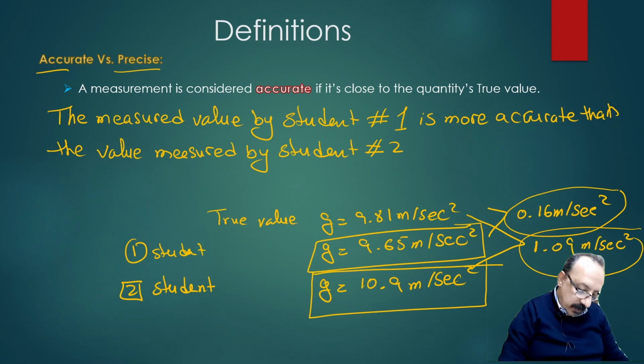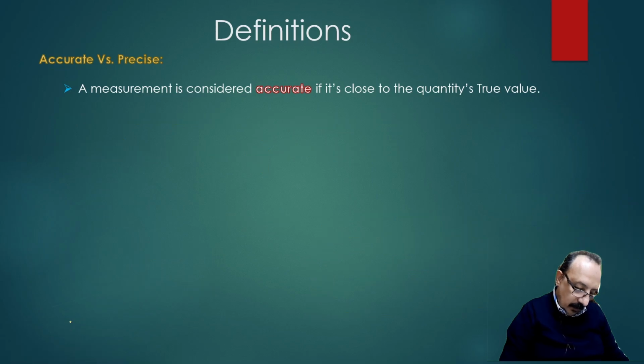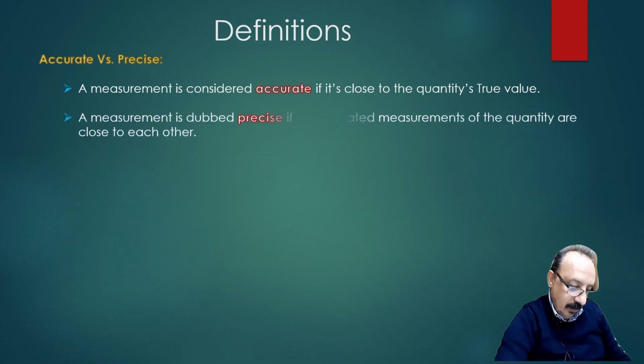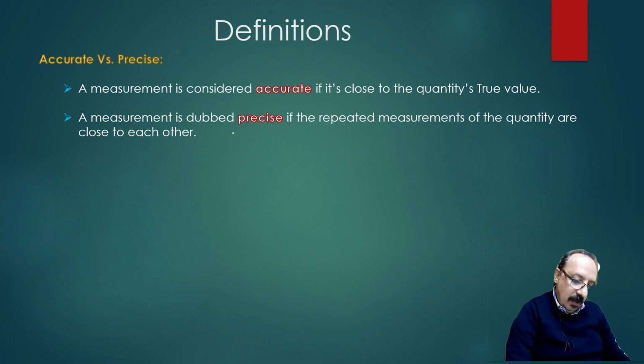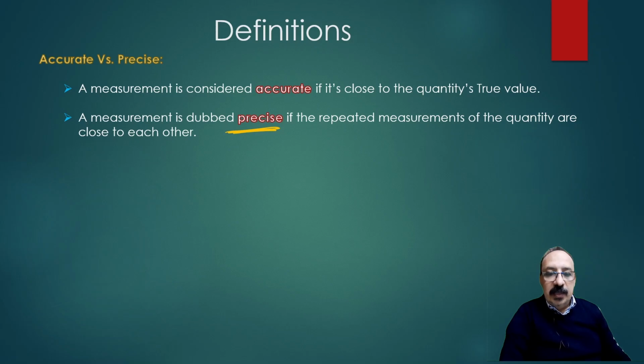Okay, what about precise? In experimental physics, the word precise means that if we repeat a certain measurement a number of times, they will be said to be precise if they come close or very close to each other.